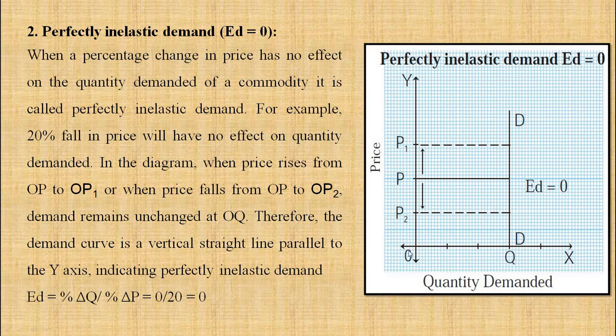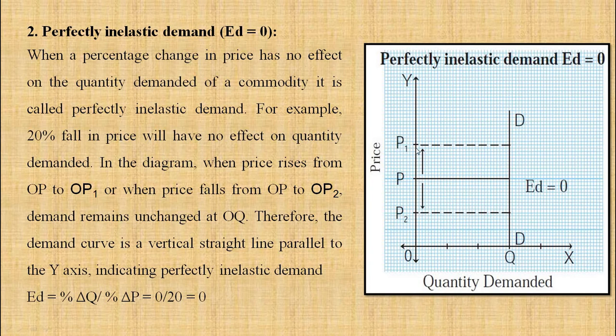Understand the diagram. Here along the x-axis we measure quantity demanded, along the y-axis we measure price. OP is the original price and OQ is the original demand. Price rises to OP1 but demand remains the same at OQ. Price falls to OP1 but demand remains the same at OQ.